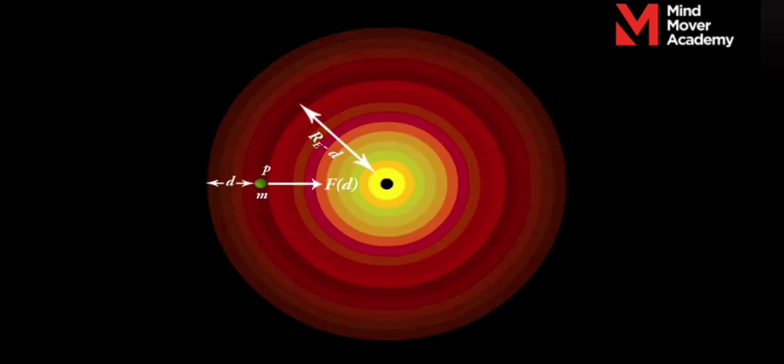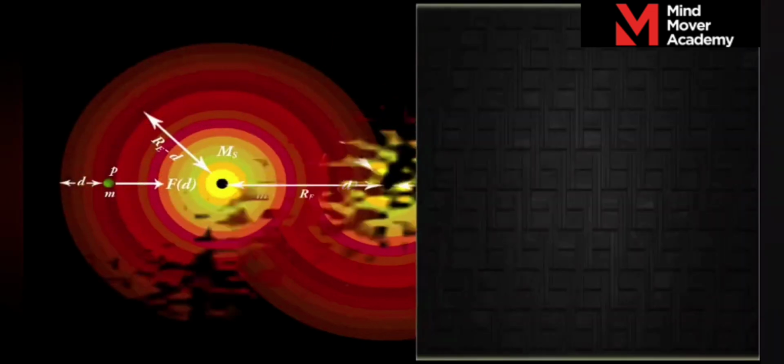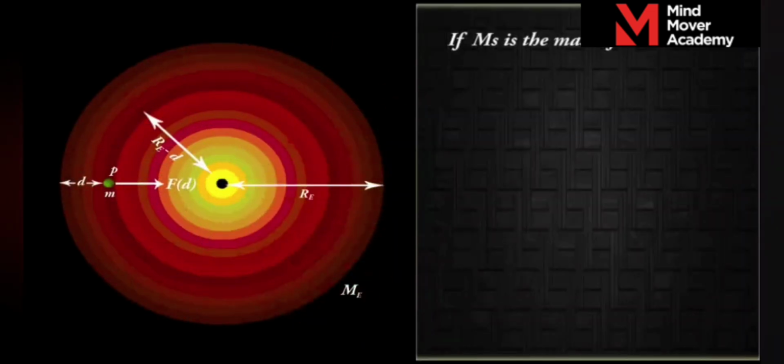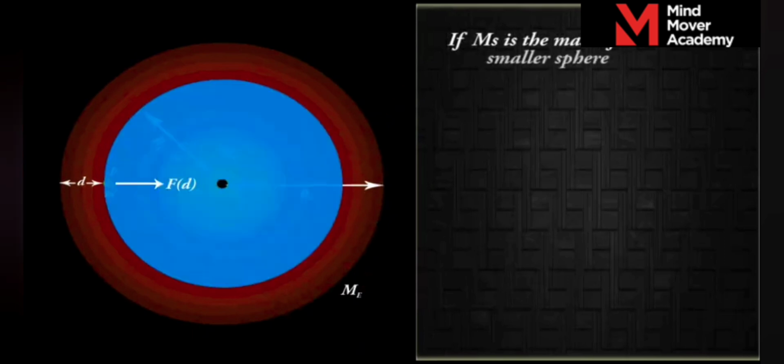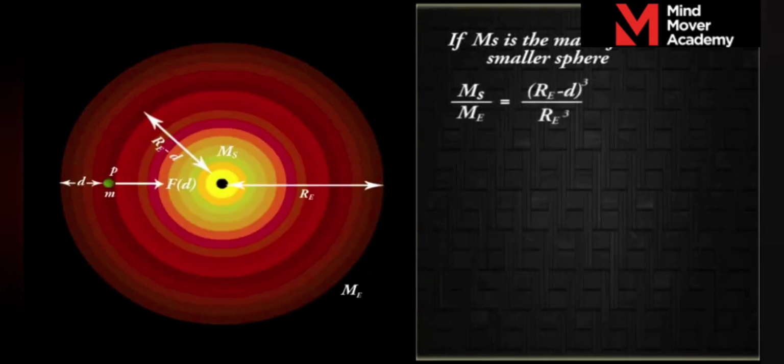Me is the mass of the Earth and Re is its radius. If Ms is the mass of the smaller sphere, Ms upon Me is equal to Re minus d whole cube upon Re cube. Taking Me on the other side, Ms is equal to Me into Re minus d whole cube upon Re cube.